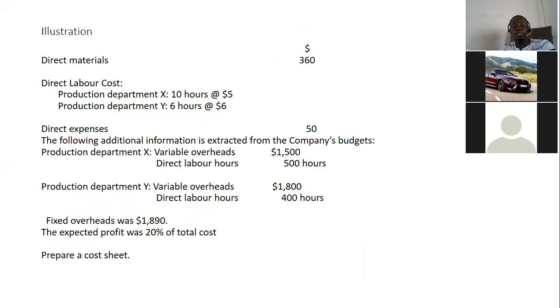You realize that in the question, we were told that fixed overheads was $1,890.